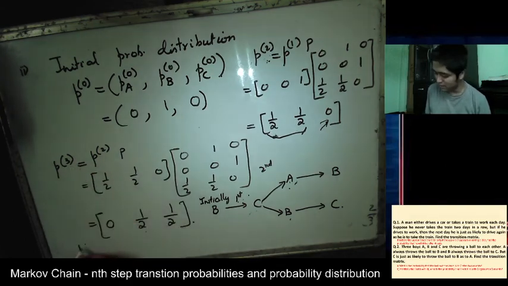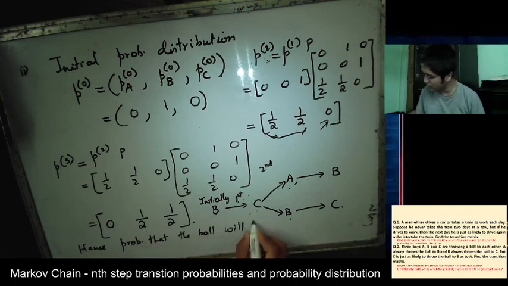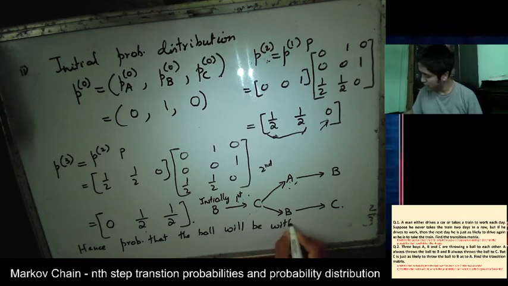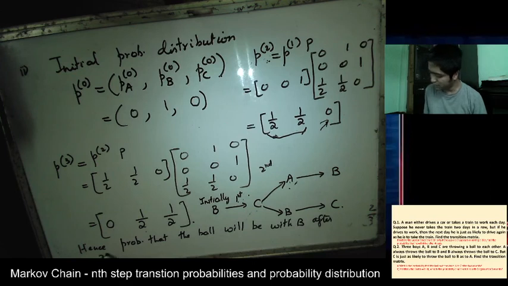Hence, the probability that the ball will be with B after 3 rounds is equal to 1 by 2, which is this value here.